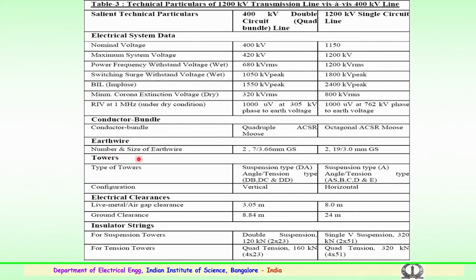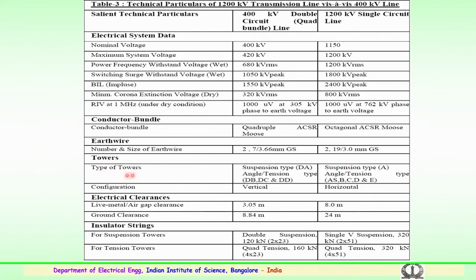Earth wire, number of earth wires and size: for 400 kV typically 2 earth wires with 7 strands of 3.6 mm dia of galvanized steel are used. Similarly, for 1200 kV again 2 earth wires with 19 strands of 3 mm dia of galvanized steel are being used.